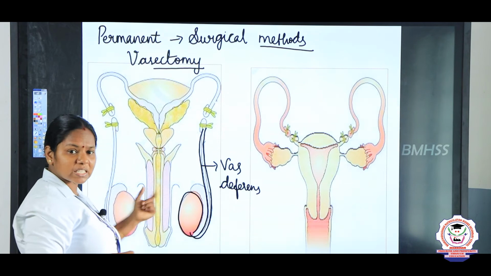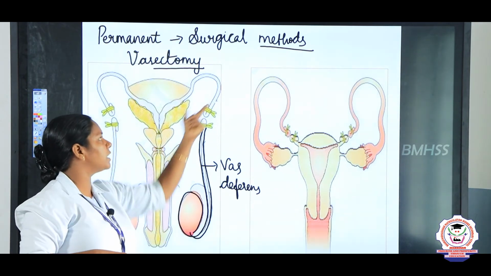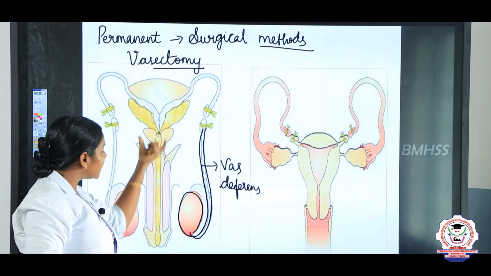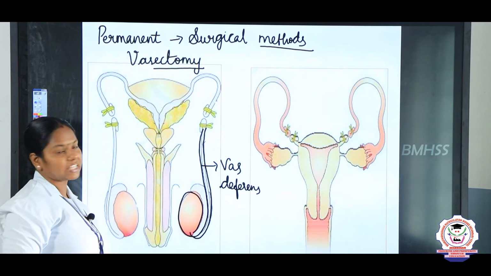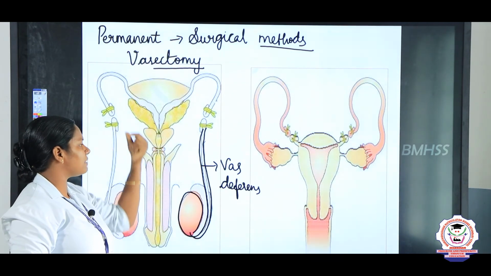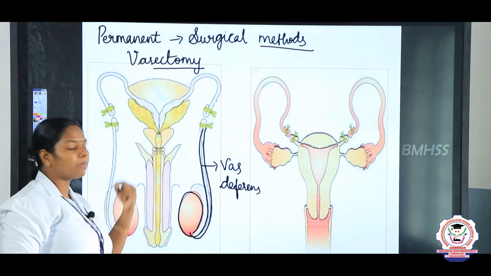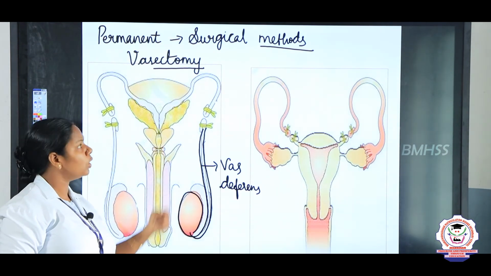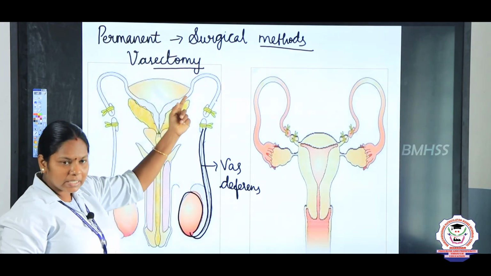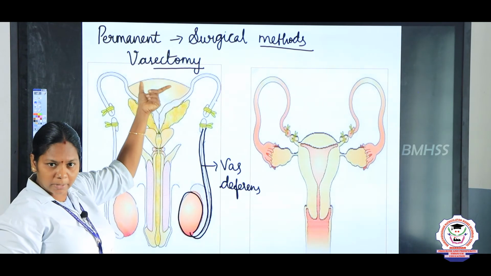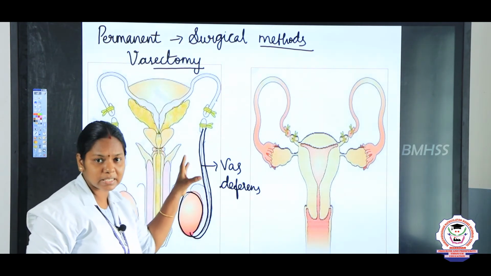So the sperms are not transported from here to here, and the semen consists of only the secretions of the seminal vesicle, prostate and bulbourethral glands. If the vas deferens is cut, it is vasectomy, a male sterilization method.